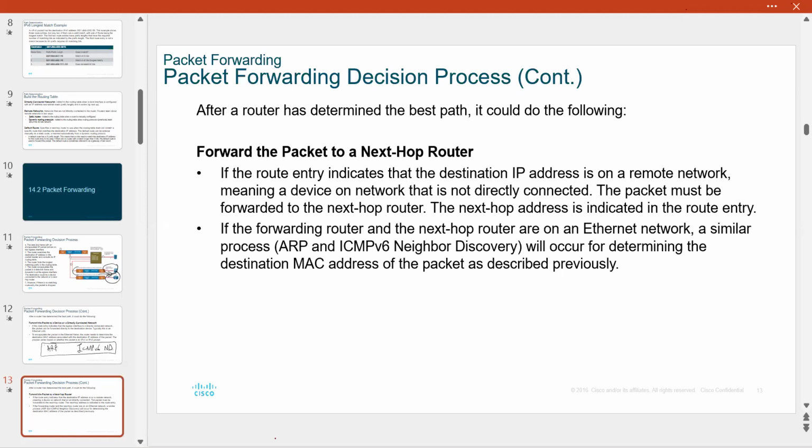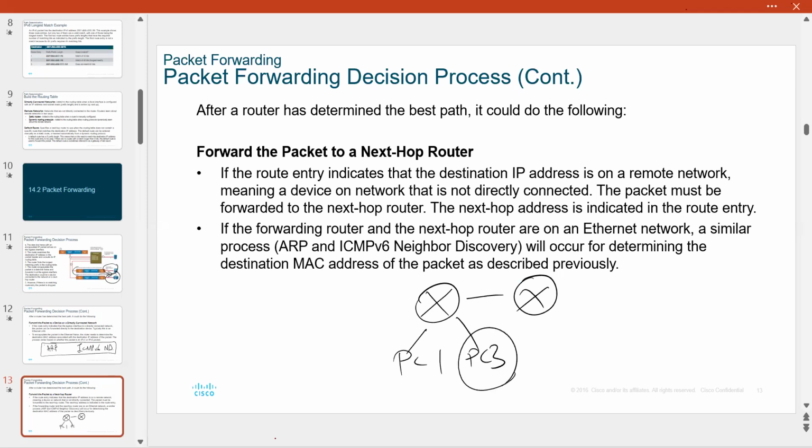Right, forward the packet to the next hop router. I think it's the same process. The example we started with was PC1 to PC3. Here we have a directly connected network, so we just request the MAC address of the PC we want to send to, on this interface.